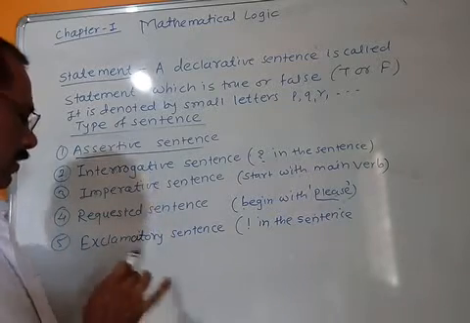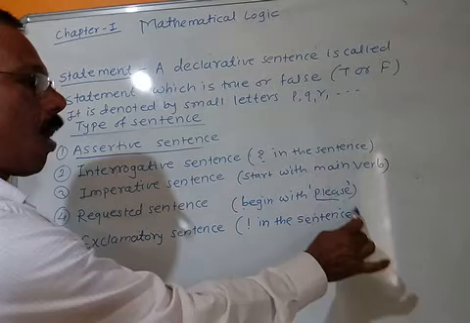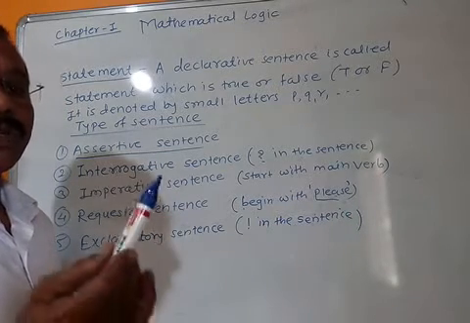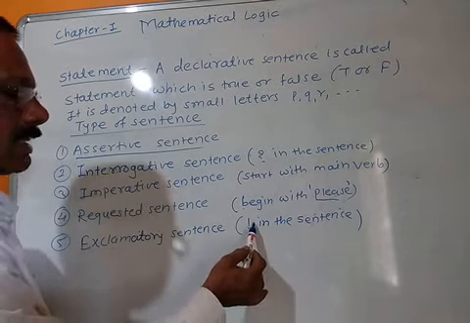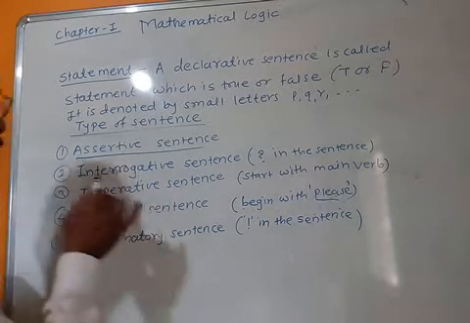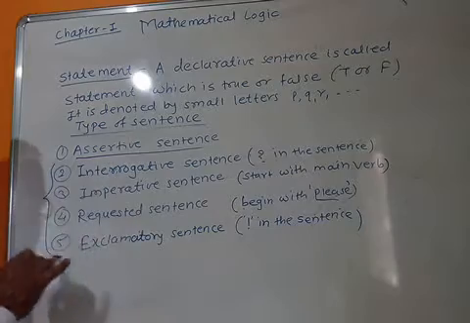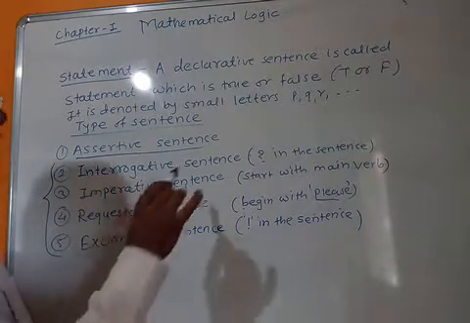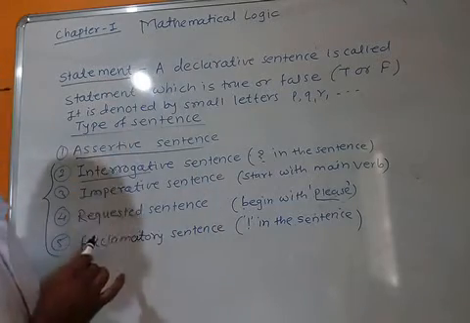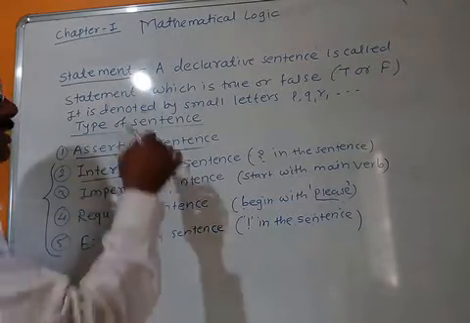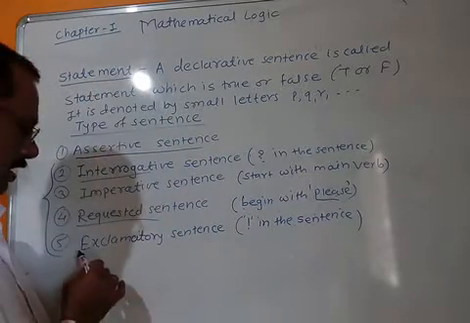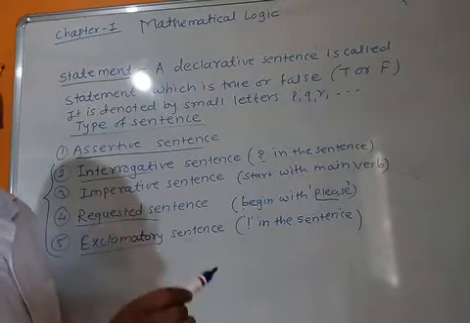An exclamatory sentence means, how beautiful that building is, how beautiful the rose is, and at the end there is an exclamatory mark. If it is an interrogative sentence, it is not a statement. If imperative, it is not a statement. If requested, it is not a statement. If exclamatory, it is not a statement.